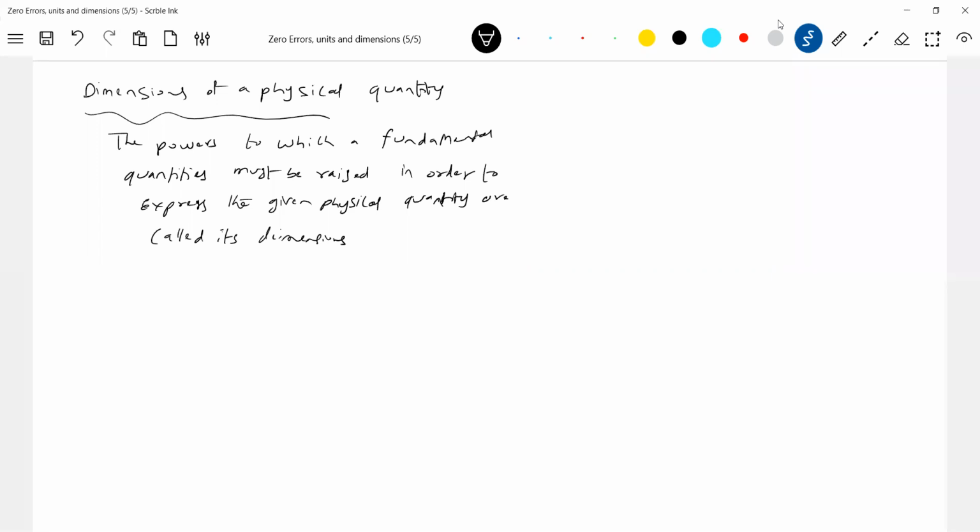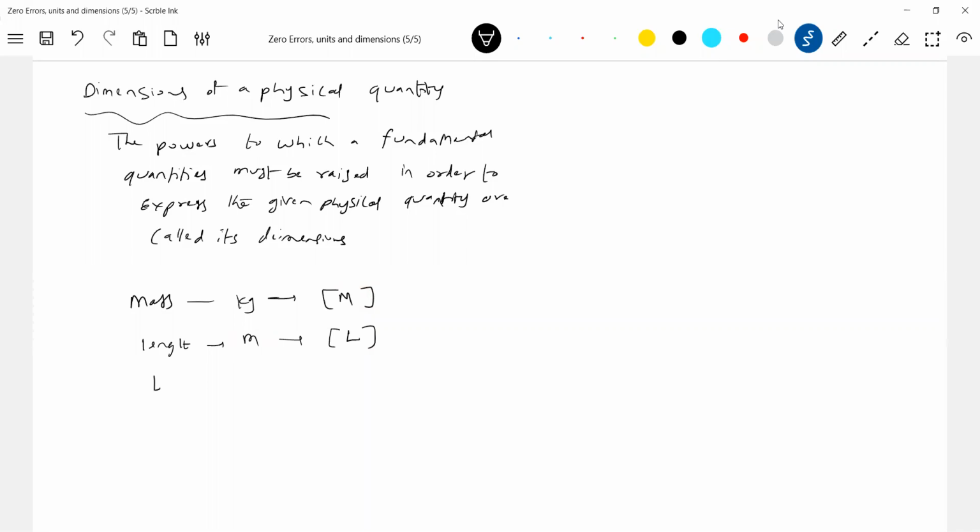So first we'll go for the fundamental quantities. We know mass. What is the unit for that? Kg. In dimensions, we'll write it as M¹, or only M. Next we have length, the unit is meter, and the dimension is L, capital letter.